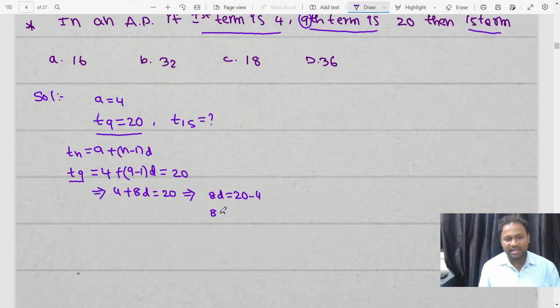So 8d is equal to 16. Then the d value will be 16 by 8, which is 2. See, I got the d value. I have the A value as well as the d value, right? Now it is easy to find T15.